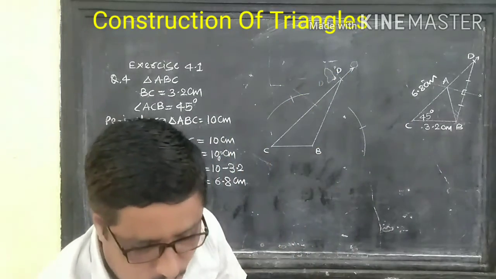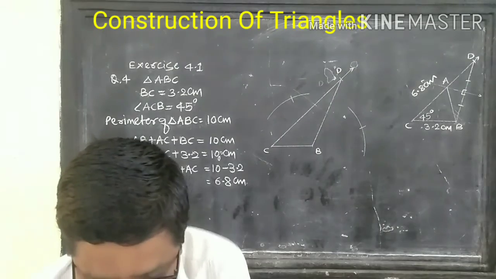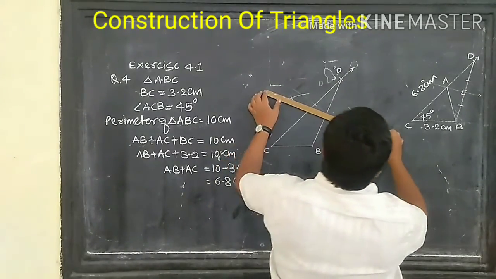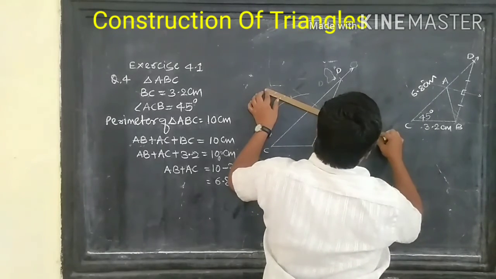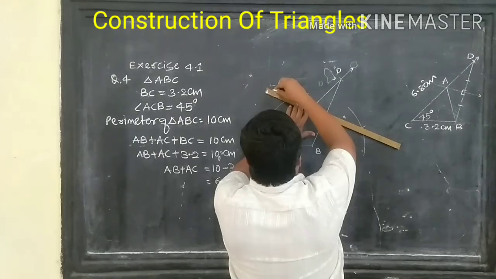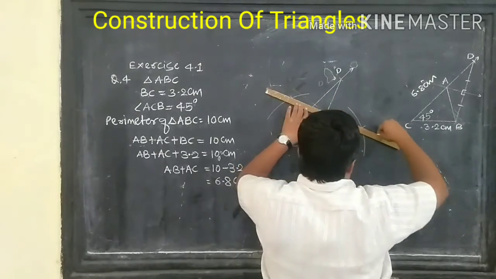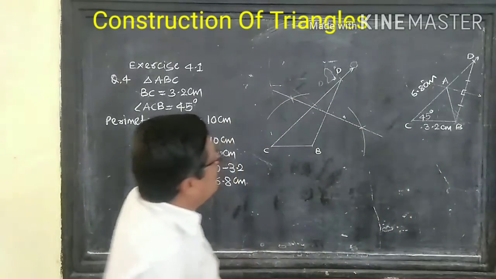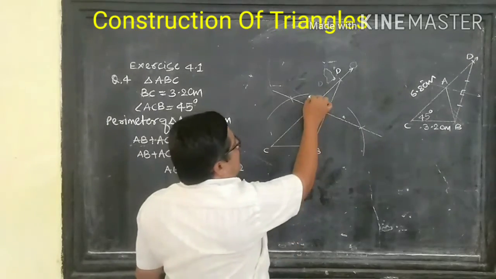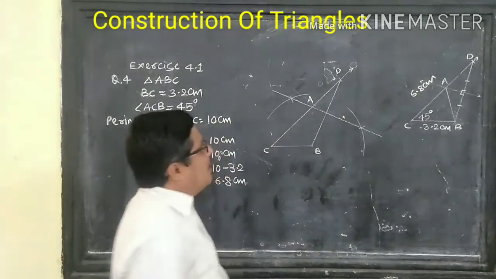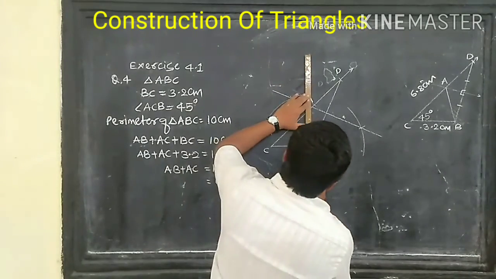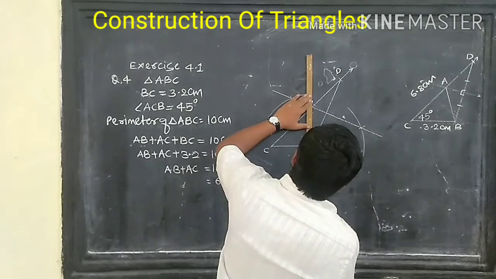Then we have to draw the perpendicular bisector line passing through these two points of intersections. Now after drawing the line through the points of intersection, here we get the third point of the triangle, or the third vertex of the triangle, then we have to draw segment AB.